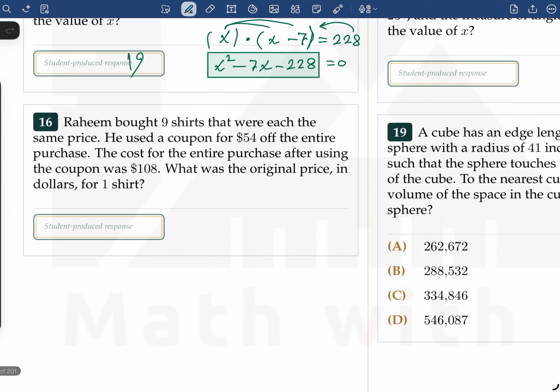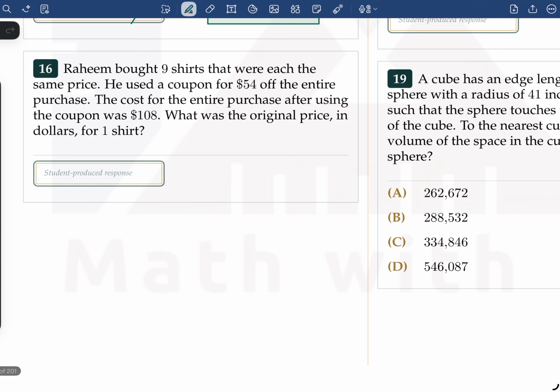Okay, number 16 now. Rahim bought 9 shirts that were the same price for each. He used a coupon for $54 off the entire purchase. The cost for the entire purchase after using the coupon was $108.